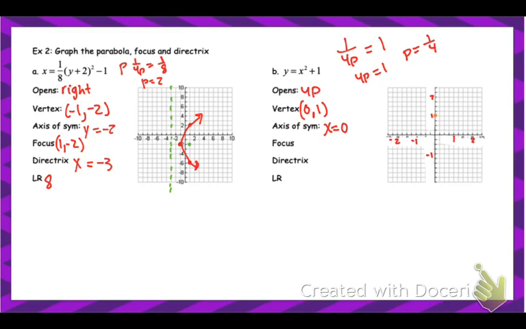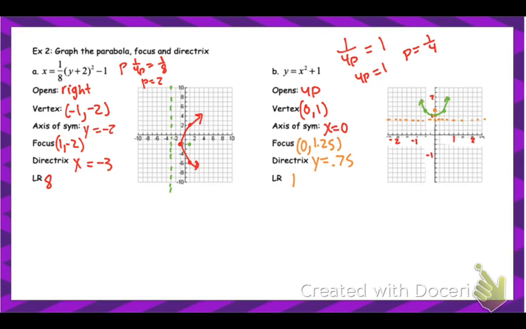Since the p-value is 1/4, and each of these lines now is 1/4, this is going to open up, so my focus will be here and my directrix will be here. The directrix now is going to be y equals 1 minus 1/4, so 0.75. The focus is going to be the same x-coordinate, and then we add that to 1, so 1.25. The latus rectum for p is 1, so from the focus, I would go over a half, which on my grid is 2 lines.